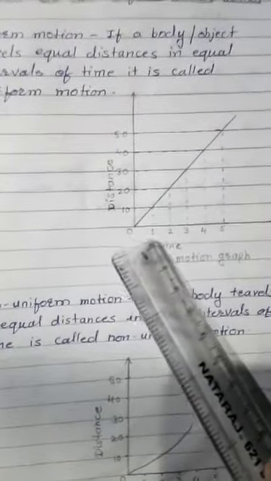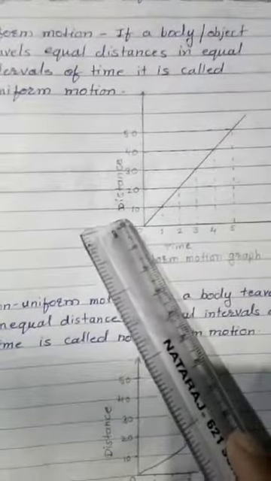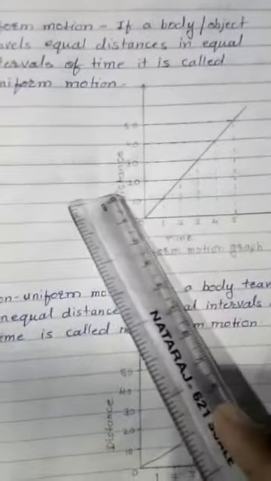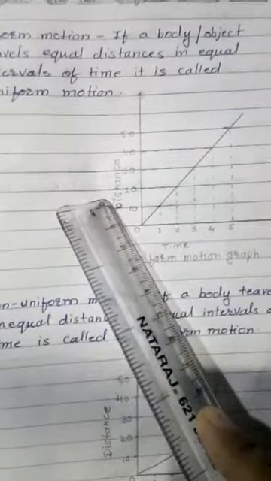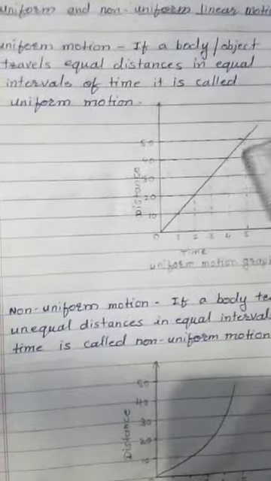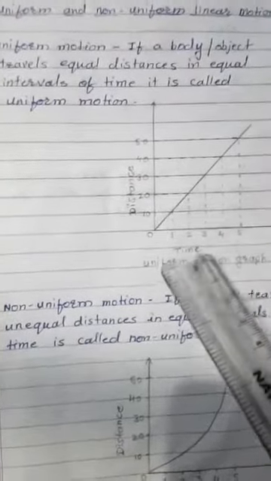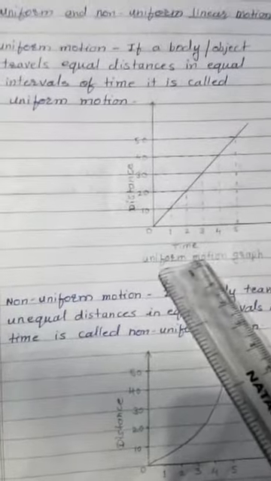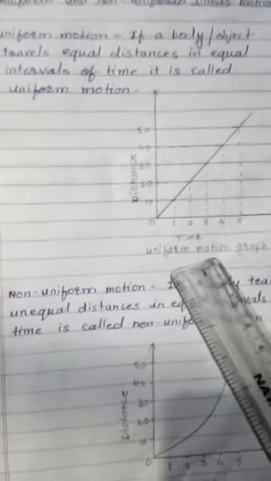Here I have shown the time, and on the y-axis we have to show the distance. It means if we get a straight line graph, we can say that the object is in uniform motion.